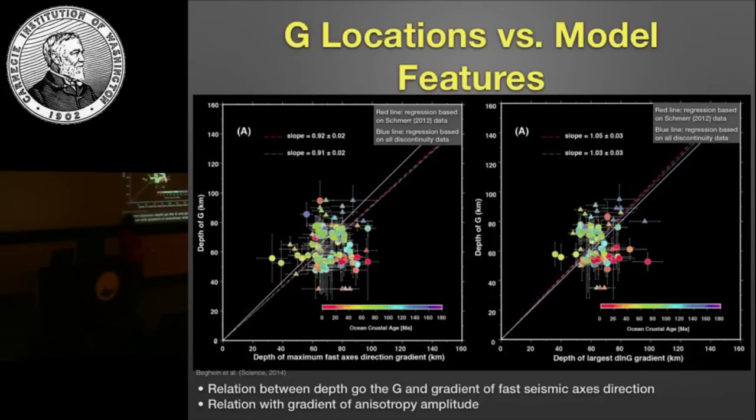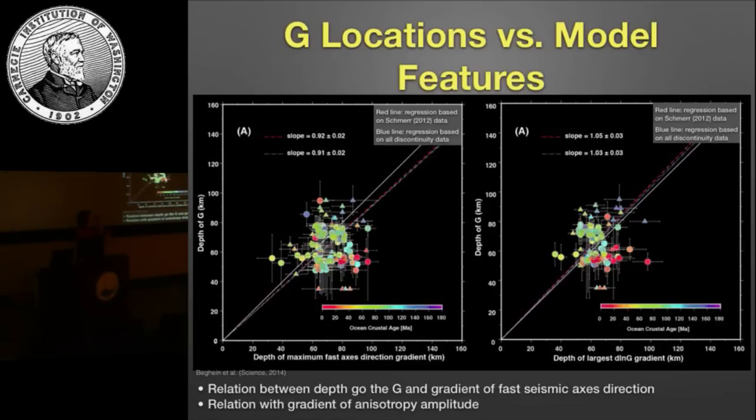So we also try to quantify this a little more than just visually, but it's difficult because these are two different types of data, with different vertical and horizontal resolution. But we did plot the depth at which the discontinuity has been observed versus a few features of the model. Here it was the depth at which we had a maximum in the gradient of the fast direction.